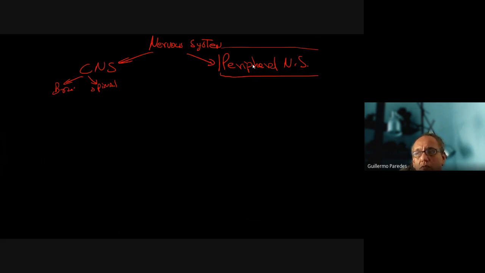I want you to remember that the peripheral nervous system is basically everything that is away from the central, including your hands, your bones, your muscles, your feet, your legs, your upper extremities, your neck, the skin, the muscles, and the internal organs.